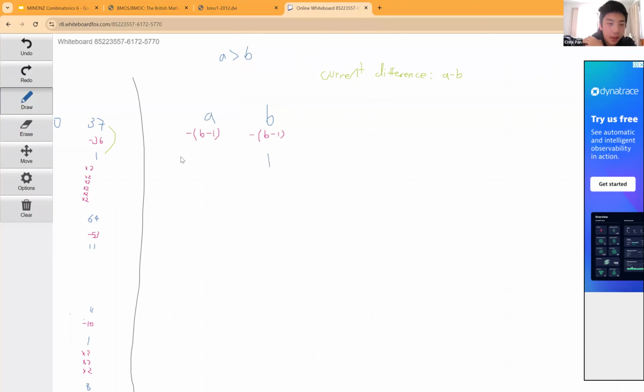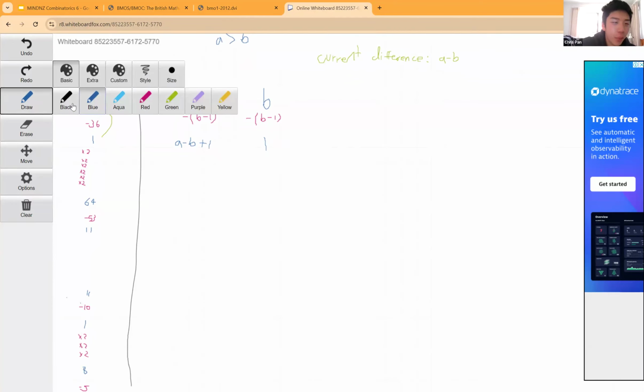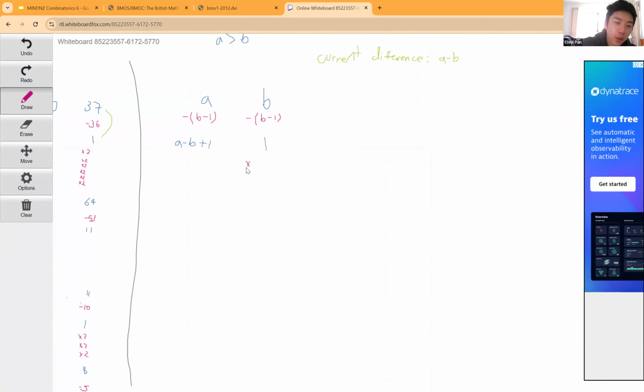And then the bigger number will be A minus (B minus 1), which is A minus B plus 1. Great. So now we have our next step of the algorithm, which is we're going to multiply by 2 to the power of k.